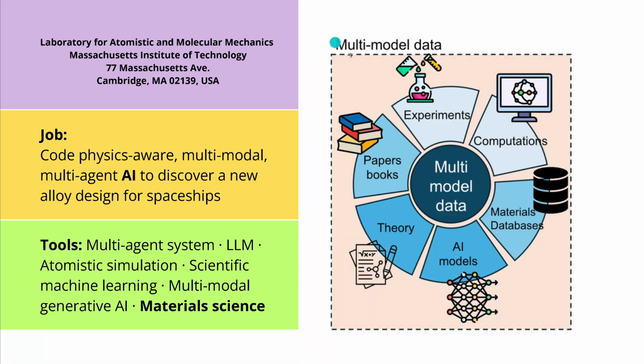So just to give you a short visualization, this is our multimodal data. We have all the computer programs from MIT for material science. Then we have access to all the material databases on the internet. Then we have access to all the different models, LLMs, VLMs, whatever you want.